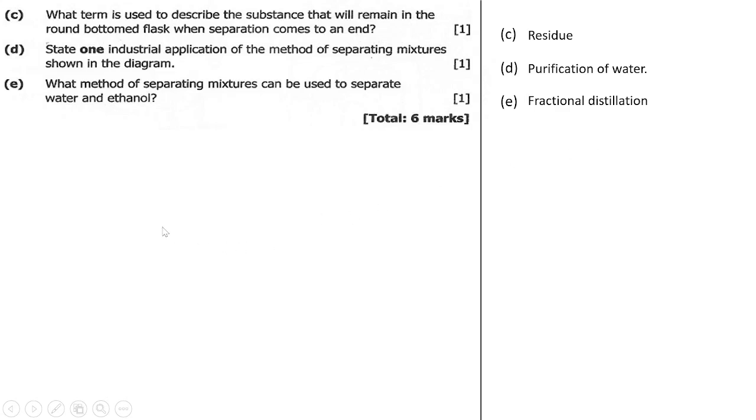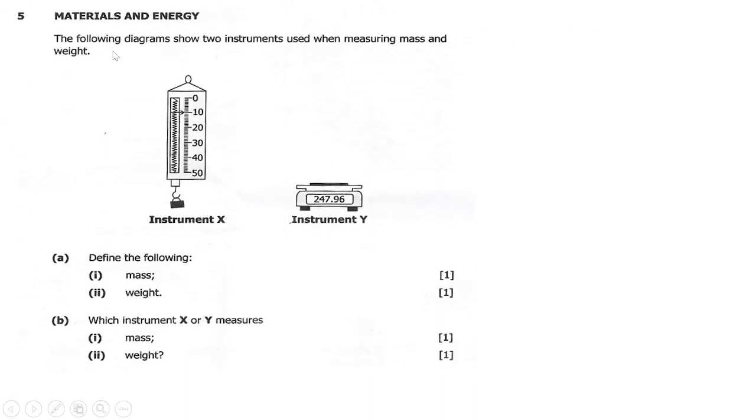Let's move to question 5, materials and energy. The question reads, the following diagrams show two instruments used when measuring mass and weight. We have instrument X and instrument Y. One of them is used for measuring mass and the other for measuring weight.